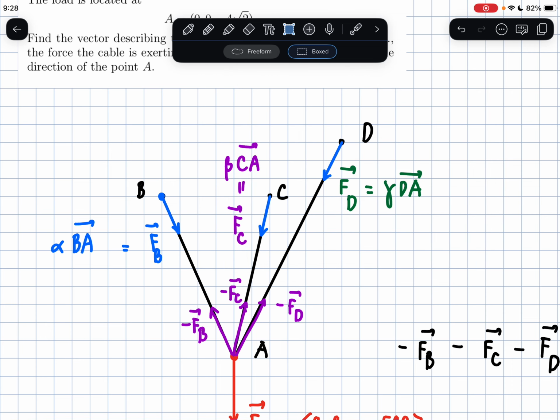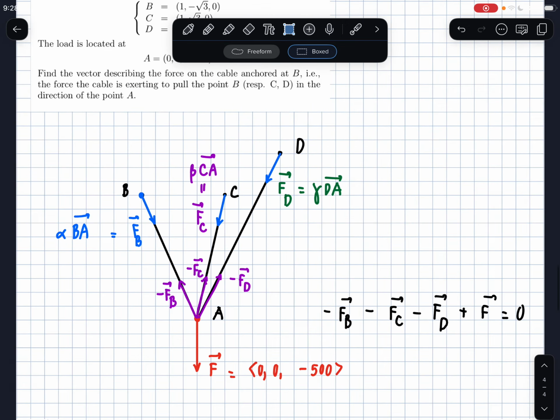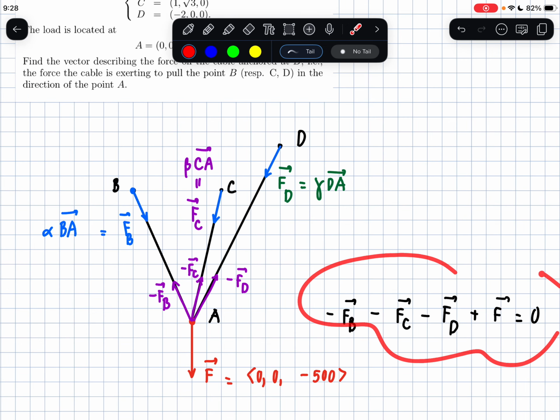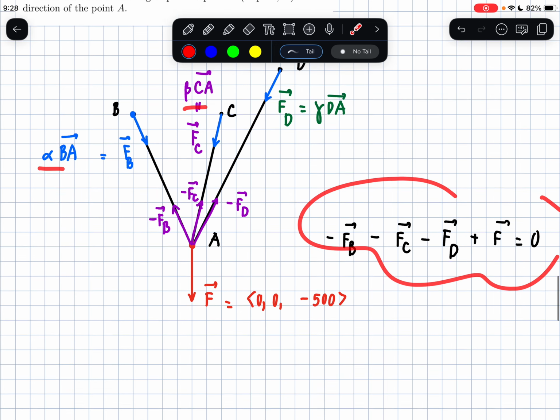Now we plug into this equation, and we can solve for alpha, beta, and gamma.